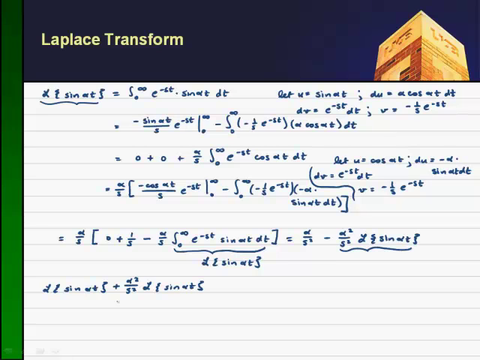And all of that should equal the only thing that's left over, which is alpha over s squared. On the left-hand side, I can factor out the Laplace transform of the sine of alpha t, and I'll be left with 1 plus alpha squared over s squared.